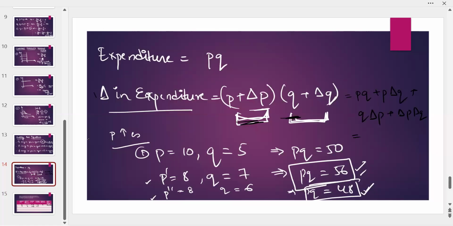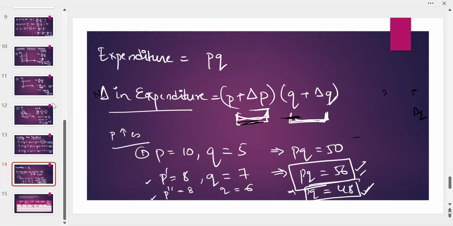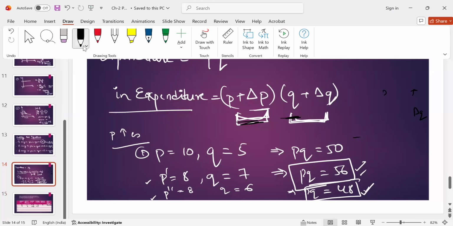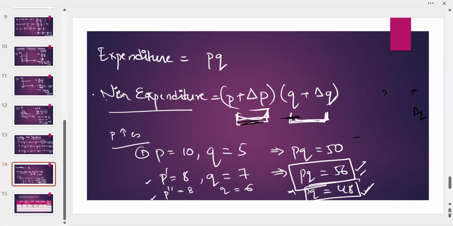So basically the new expenditure, I'll just change the color. This is the new expenditure, right?